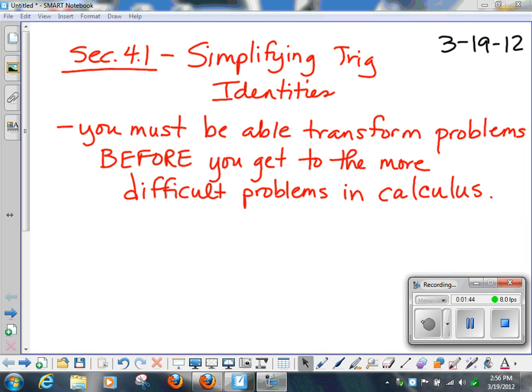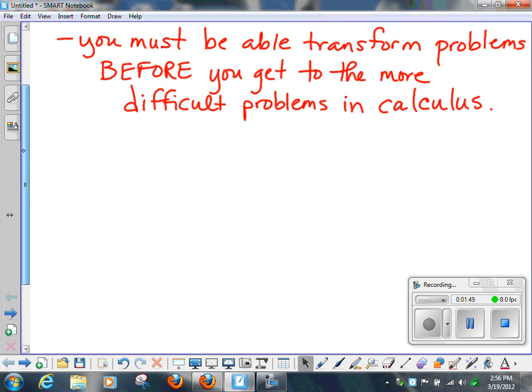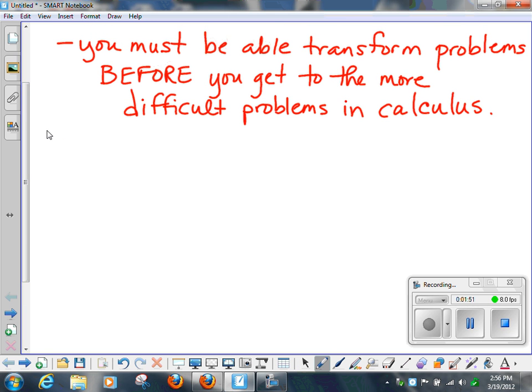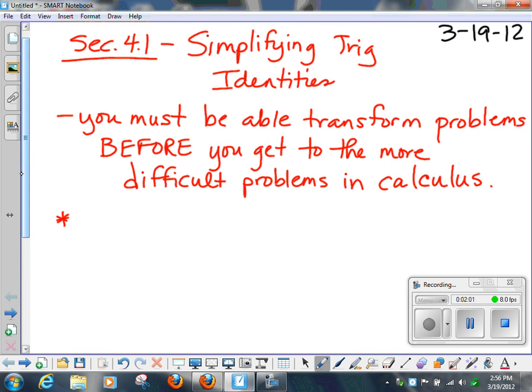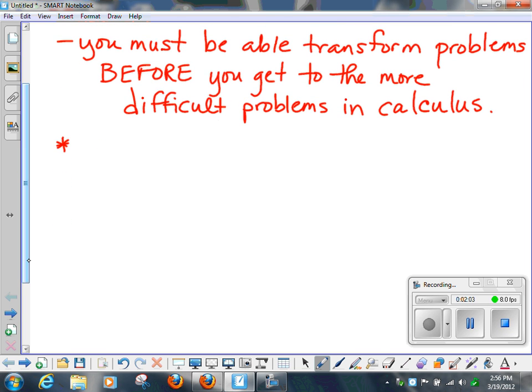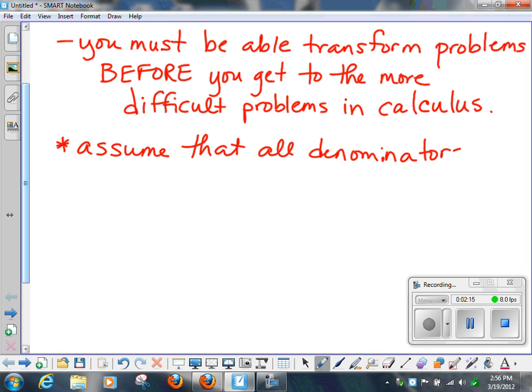Here we go. All right, so major thing you have to know. That's the only thing I've written other than the title. Remember that no denominator can be equal to 0.